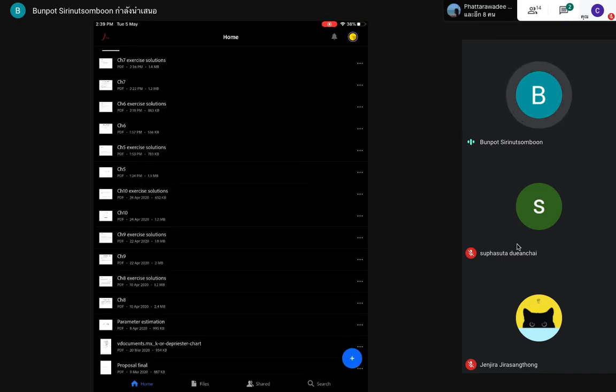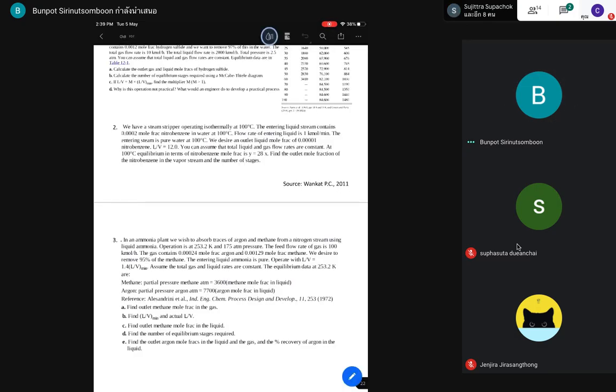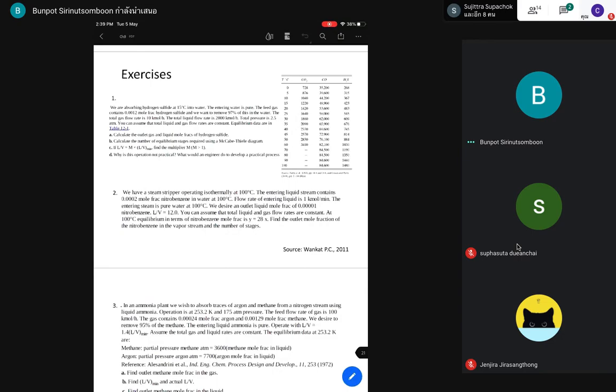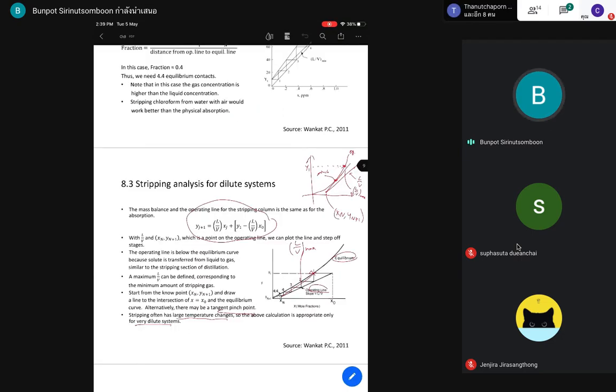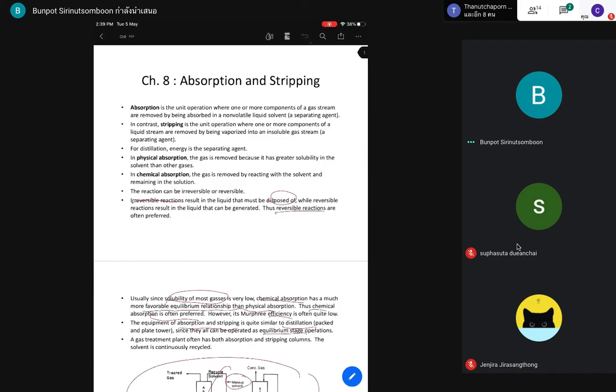Moving on, chapter 8. Absorption and stripping. In both absorption and stripping, you have counter streams of gas and liquid, and you want to transfer the solute from one phase to another.